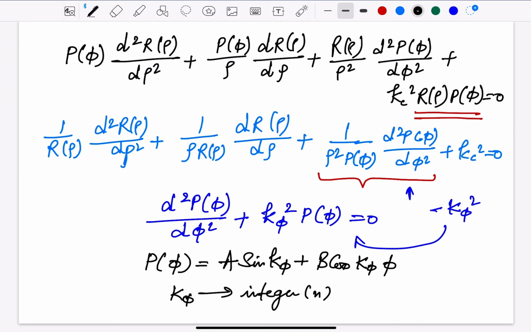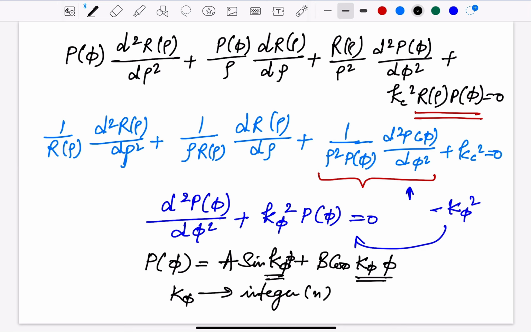Fine. So what we can do is, in place of k phi, you can replace it with n. So the equation would become a sin n phi plus b cos n phi, like that. Okay, so this is one thing.